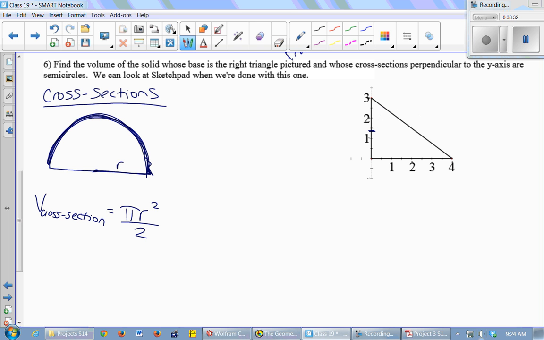So here's some random height y. What I need is that distance x, because that x is going to be the base of a semicircle. So if I know y, can I find x? How would you do it?